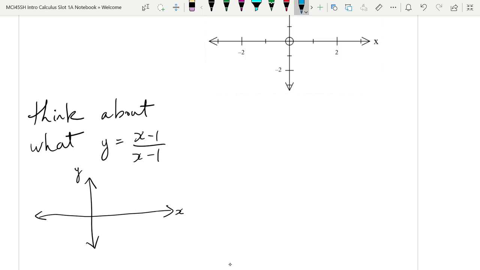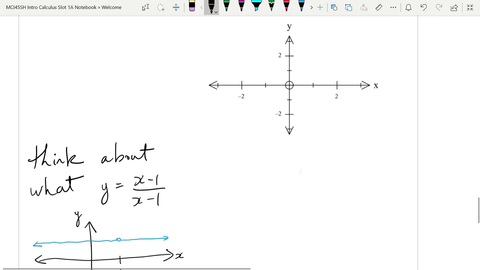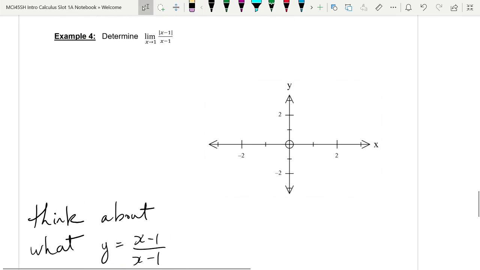It would be a graph of 1, but it would have an actual hole at the value x equals 1, right? Does everybody get that that's what it must look like? Okay, with that in mind, what does the absolute value change about that?